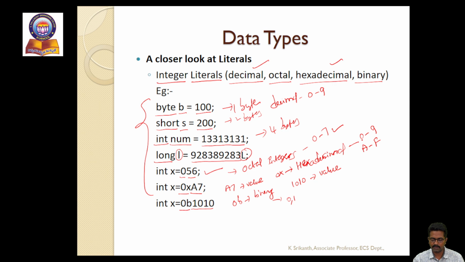So we have digits from 0 to 15, but from 10 to 15 we have to represent them with the alphabets A to F. In the binary number system we have only two digits, 0 and 1. Hope it is clear. Here we need to remember that an octal number should start with 0, a hexadecimal number should start with 0x, and a binary number should start with 0b in Java.